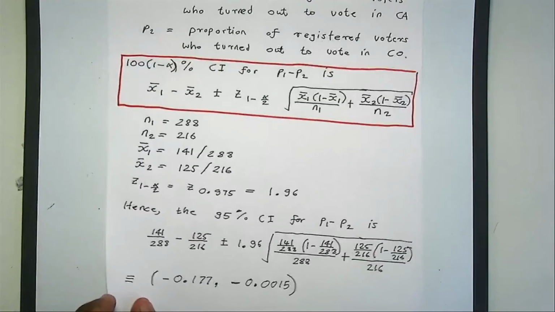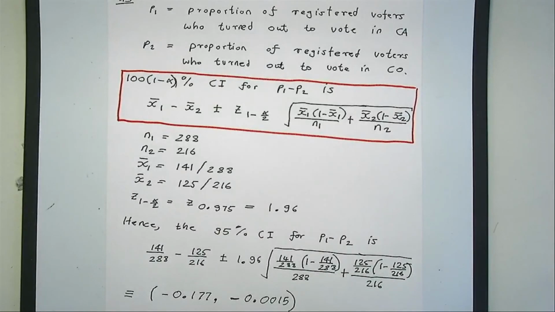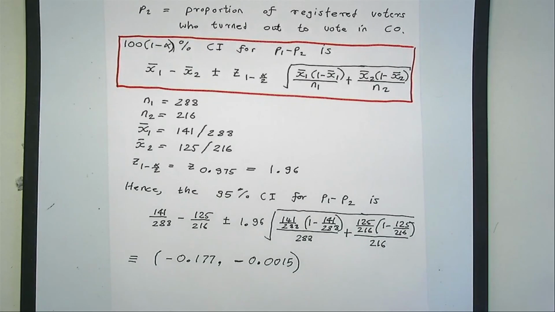That means possibly that the two proportions are significantly different from each other. That is, the proportion of voters turning out to vote in California and the proportion of voters turning out to vote in Colorado are probably significantly different from each other. So this completes the video solution for this tutorial.